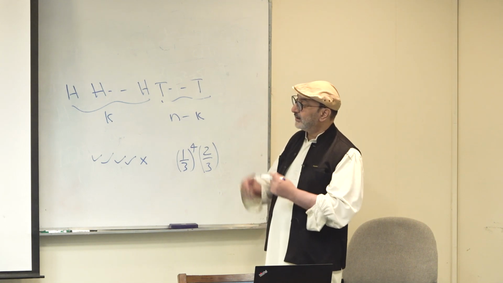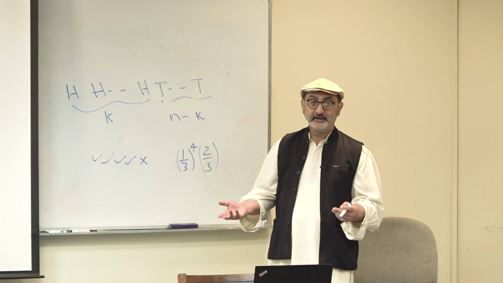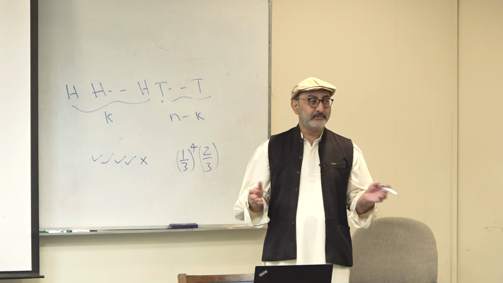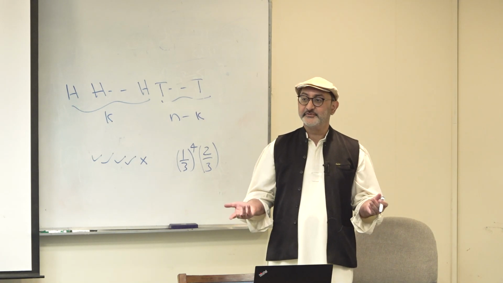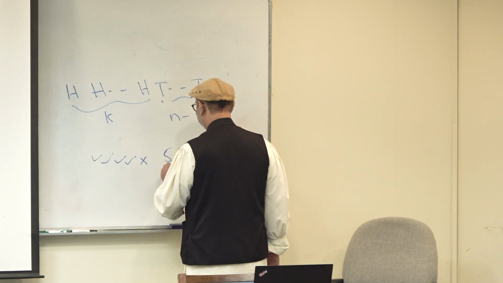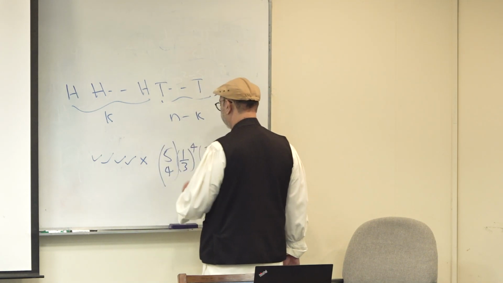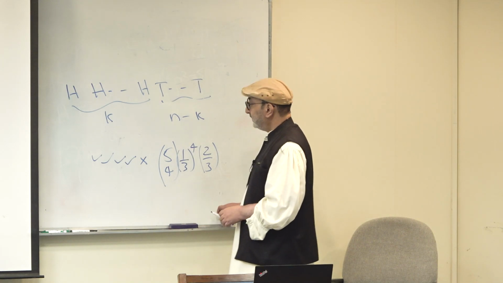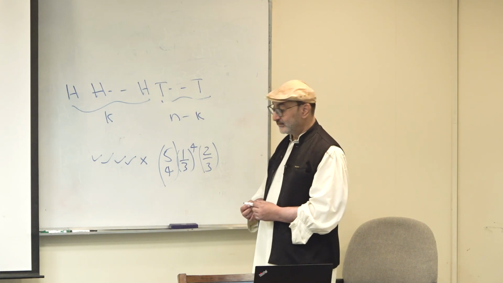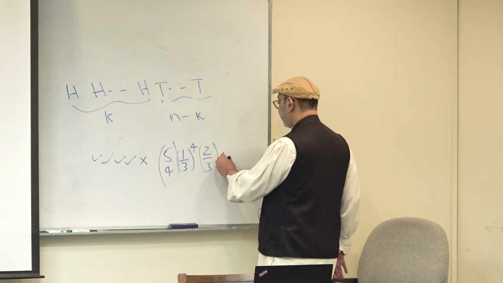And then the number of such things where I don't specify which 4 are correct is how many ways? 5 choose 4, or 5 choose 1, same thing. So 5 choose 4. That's the number of ways of getting 4 correct. What's the number of ways of getting 5 correct?